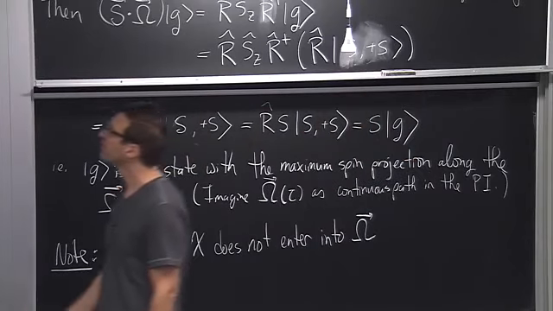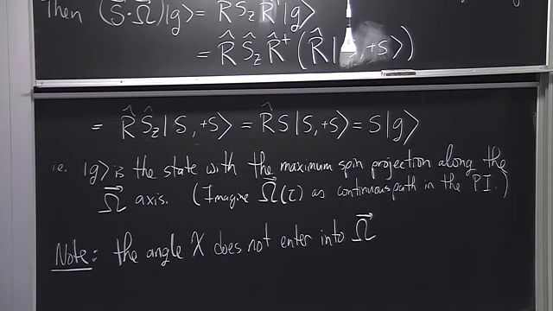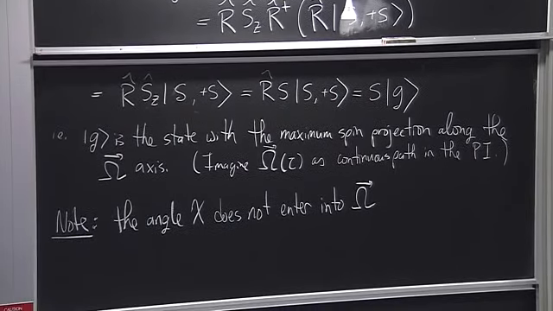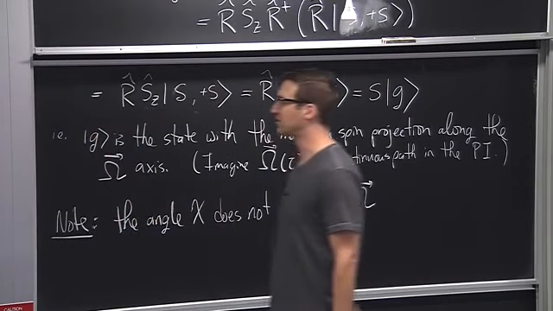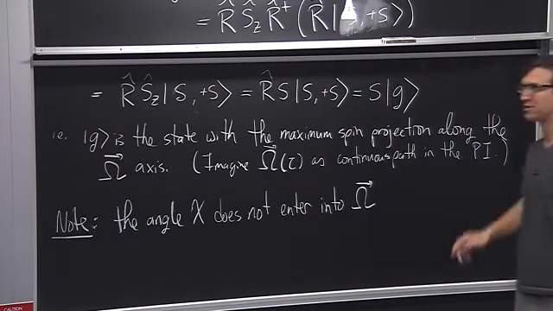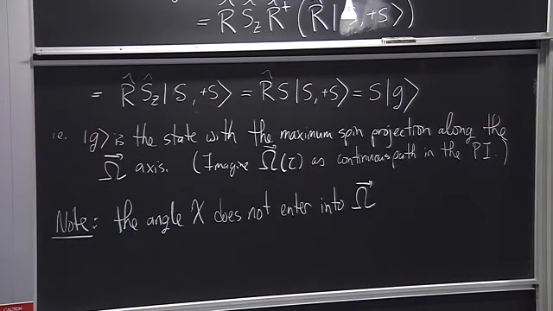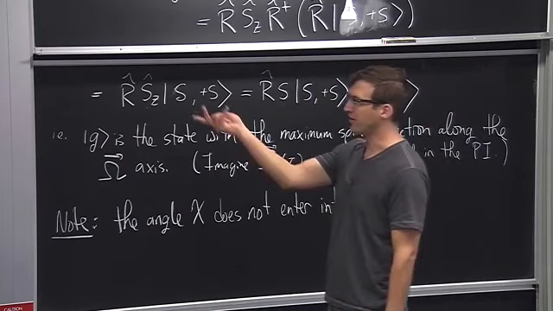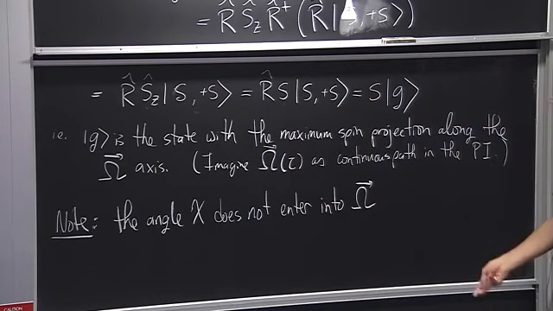Because this first step, when I just commuted this operator through, and I had the 2 exponentials right beside each other, which gave me unity, just basically got rid of that angle. So as long as chi is the same in both R and R dagger, it falls out of the expression for the coherent state.